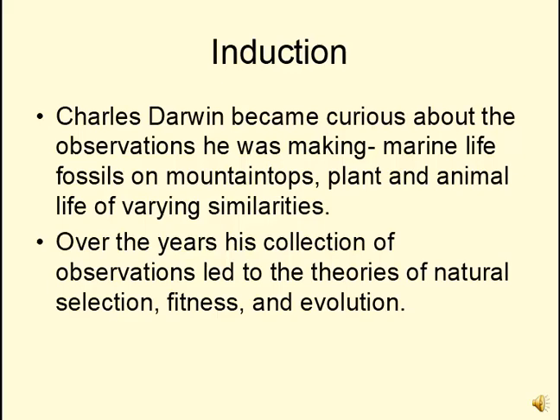Well, maybe it's because there's some sort of process that explains what creatures live and what creatures die. And this brought him to his theory of natural selection, his theory of what's known as fitness, and what we call the theory of evolution.